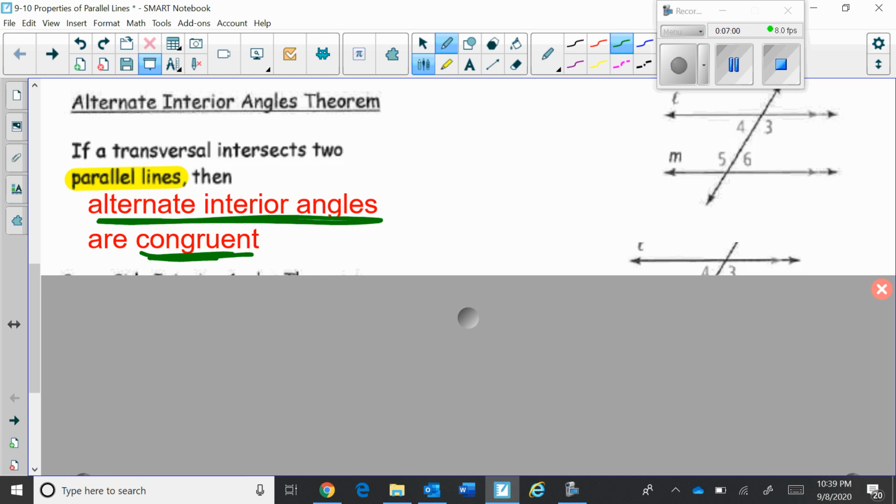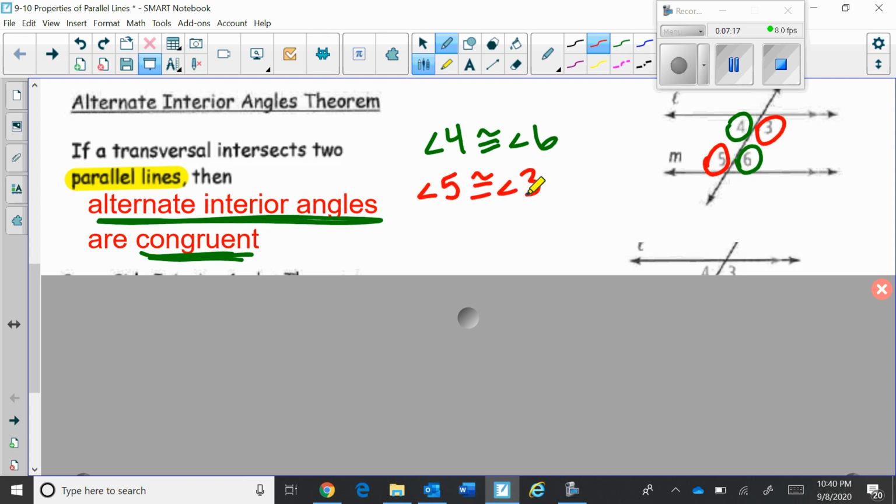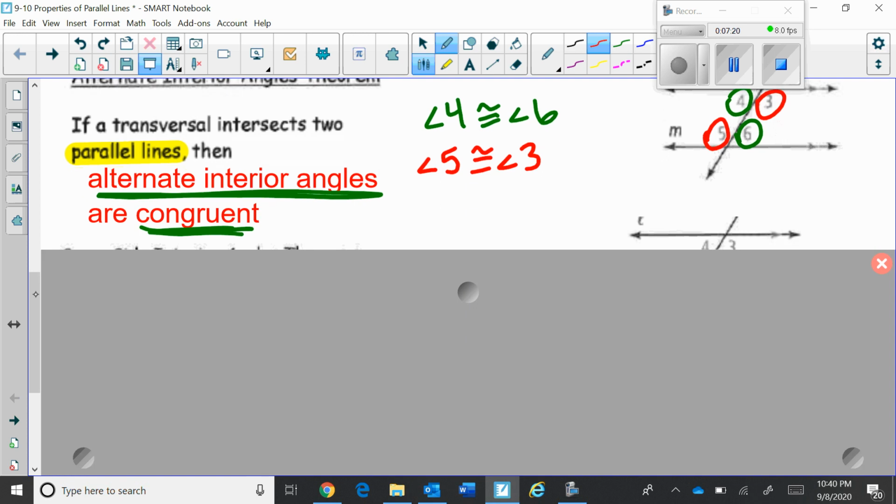If we use this photo over here, that means the alternate interior angles 4 and 6 are congruent, and the alternate interior angles 5 and 3 are congruent. These are the relationships that are super important to know.